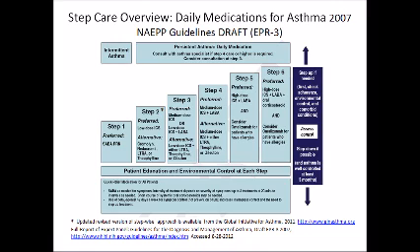So now we're going to talk about some of the goals of the stepwise approach. So one of the goals is to maintain control of asthma with the least amount of medication and hence minimum risk for adverse effects.